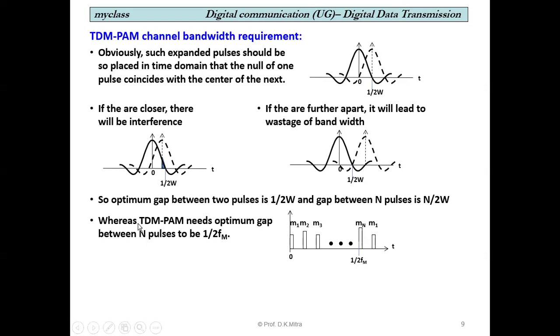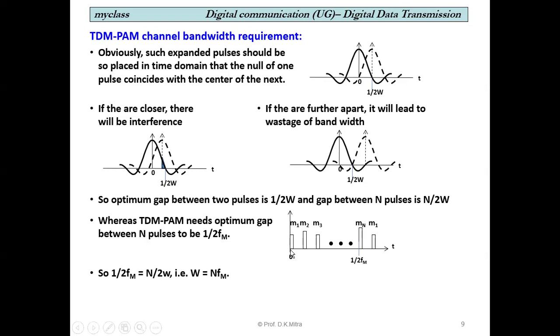So in TDM-PAM, n pulses require a minimum gap of 1 by 2 FM, that we have already found, because if the sampling rate is 2 FM, as we have seen in the Nyquist criteria, then the distance from the first pulse of a particular signal to the second pulse of the same signal is 1 by 2 FM.